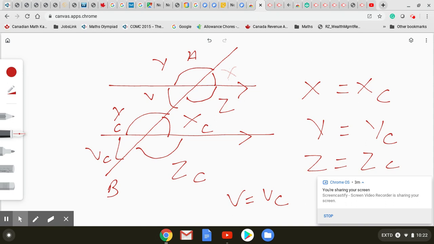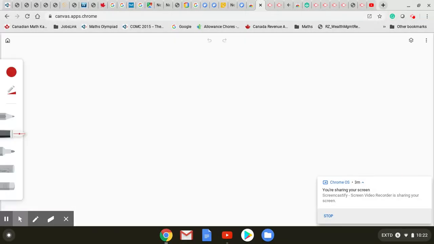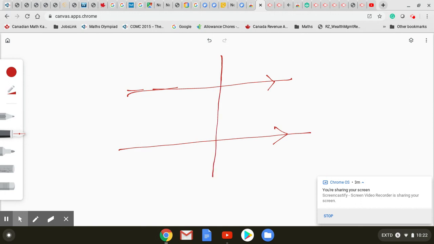Now if you think for a minute, and if you're wondering why the corresponding angles are always equal, let's do a quick proof. If the two lines are straight and they are parallel lines, as in this case, a transversal always intersects them at the same angle.